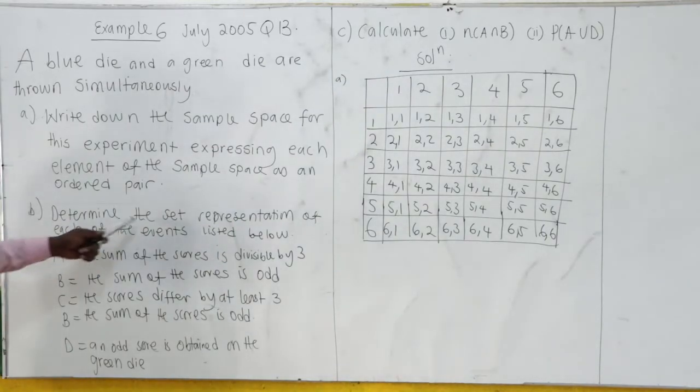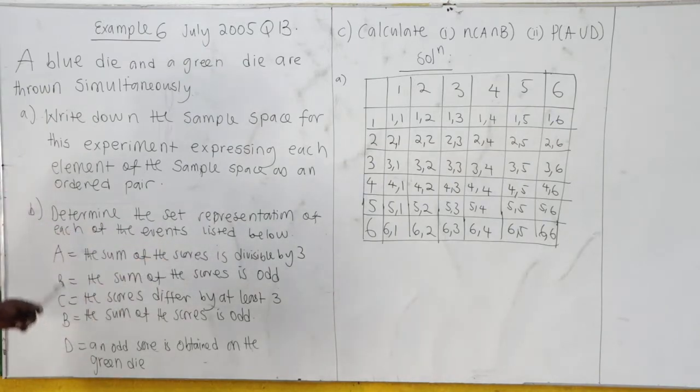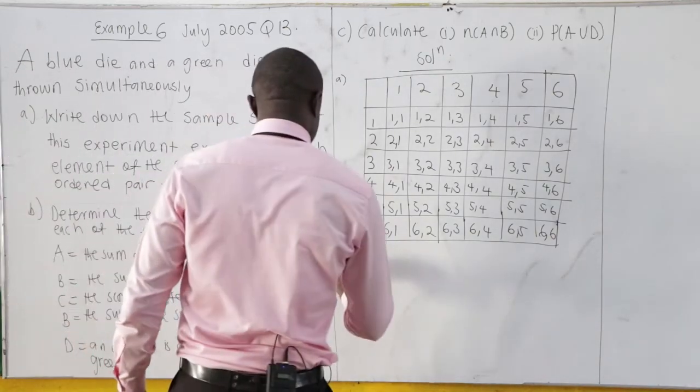Part B says determine the set representation of each of the events listed below. A: the sum of the scores is divisible by 3.